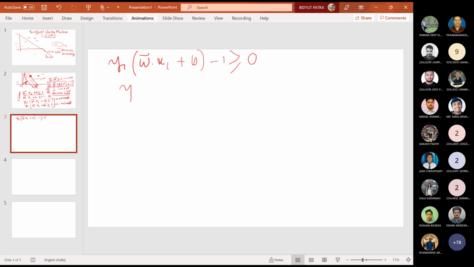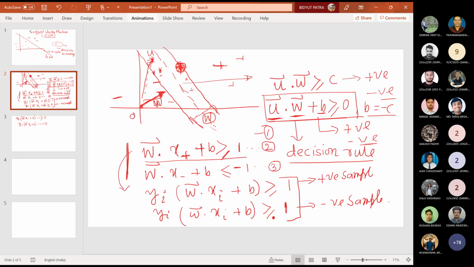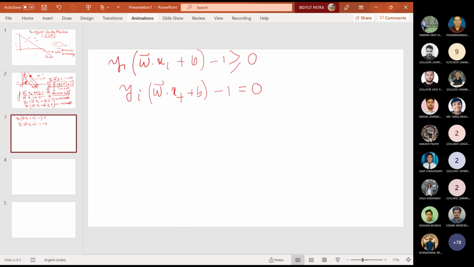So we can write yi into w x for a positive sample plus b minus 1 equal to 0. Similarly, for any negative sample on the gutter, we write yi into w into x negative sample plus b minus 1 equal to 0. We can call this 4 and this 5.